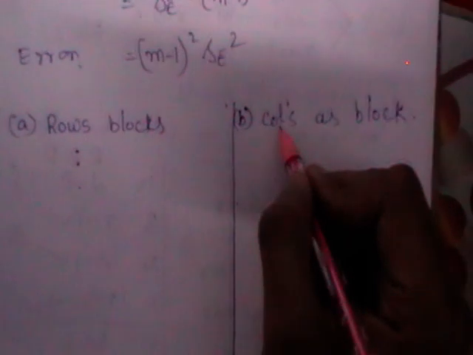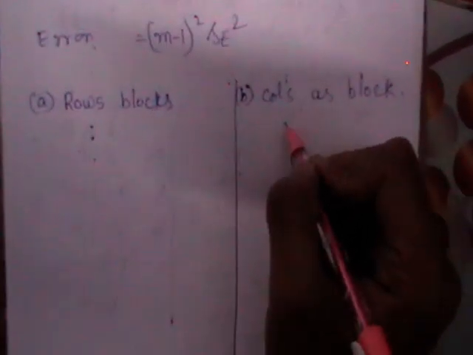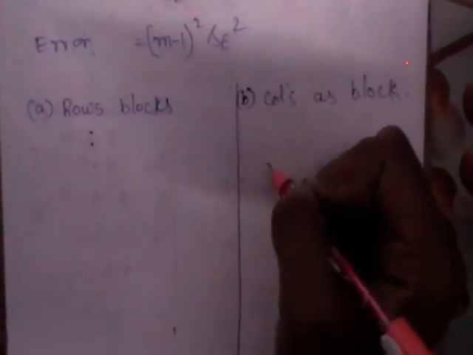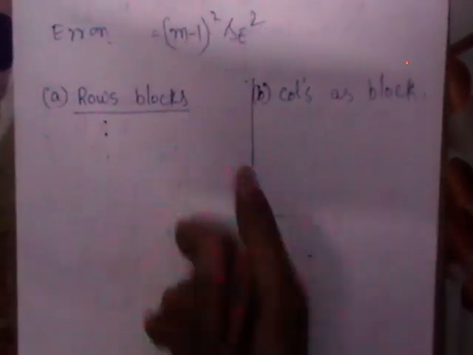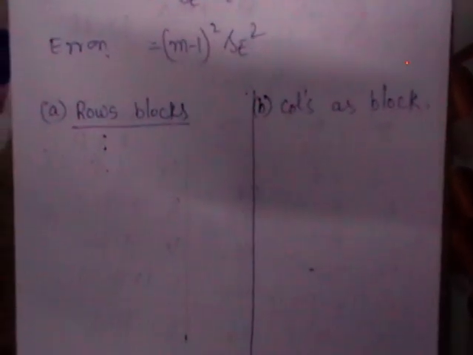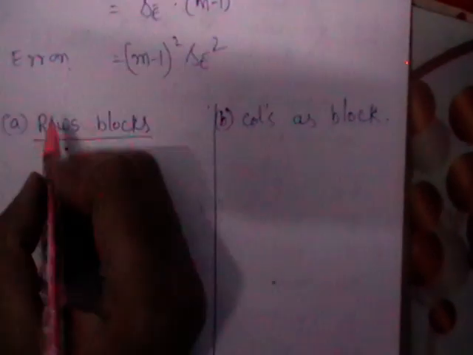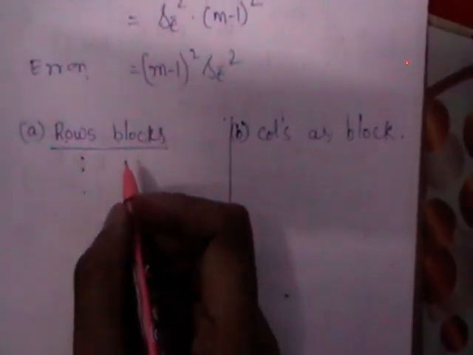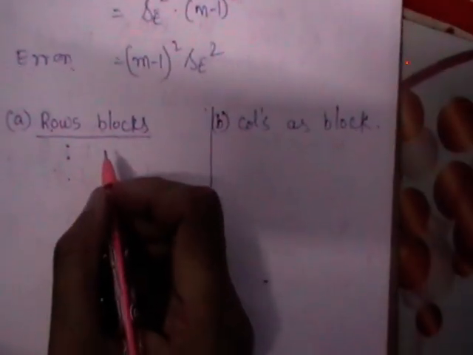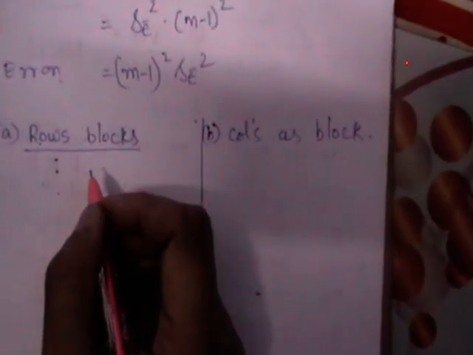If you treat columns as blocks, the rows will play the role of treatments. So in the first case, you treat rows as blocks. If you treat rows as blocks, the degrees of freedom for error under RBD is going to change. Up to now we have been dealing with LSD.